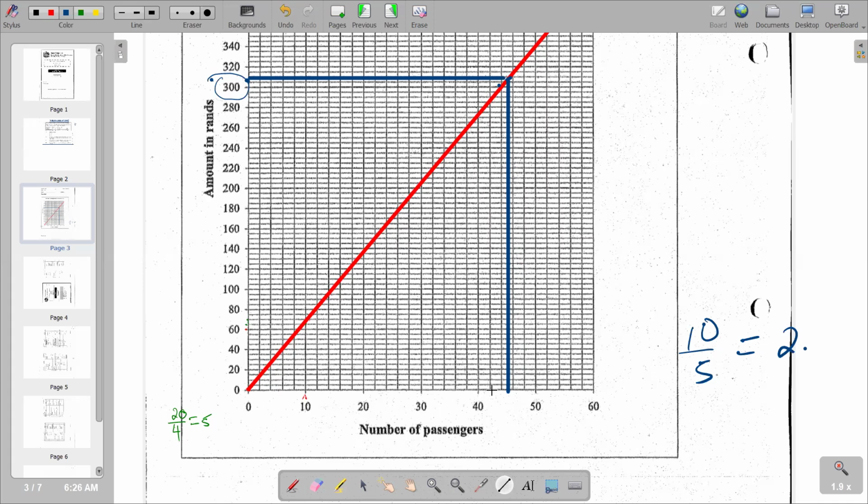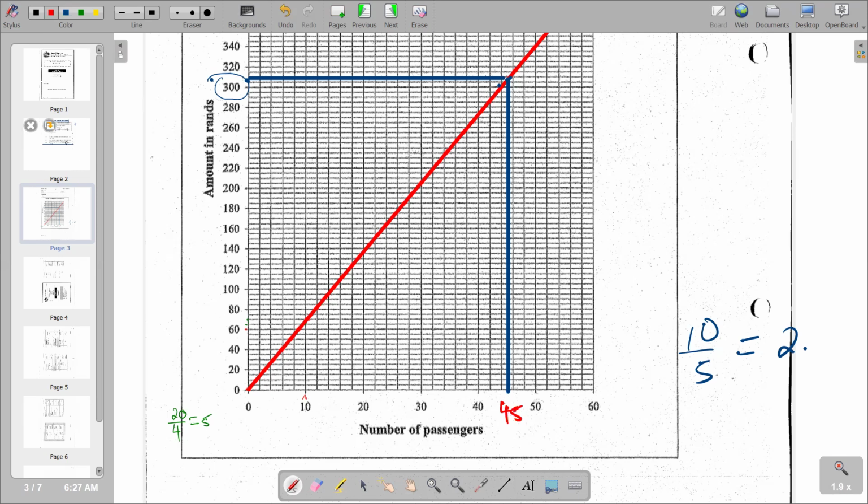So we're saying 42, 44, and this point is between them, approximately 45. So we can represent that point as 45. So basically, this is what we have on that one.